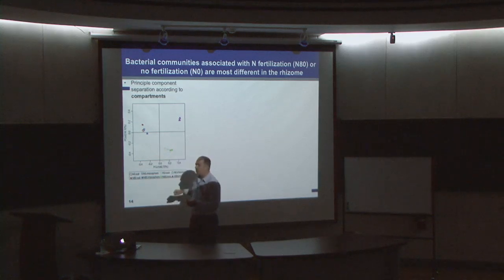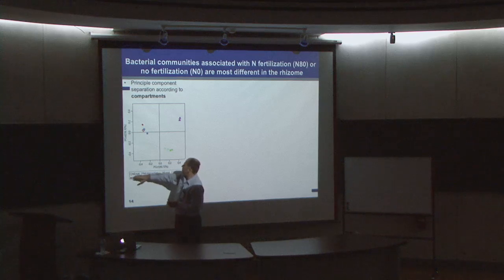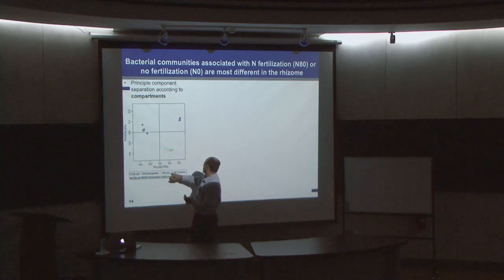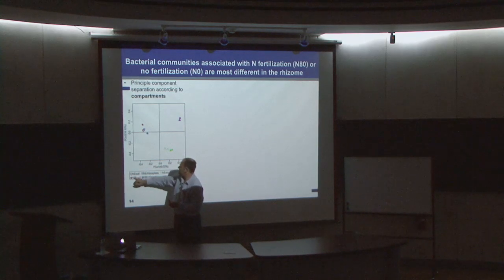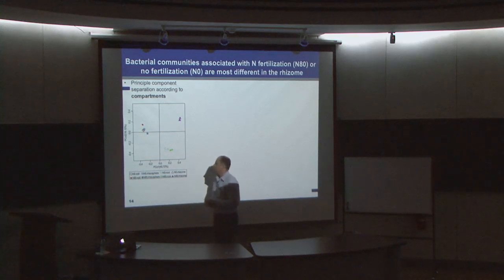And when you do so, you see that by analyzing all the sequences that you get and doing some principal component analysis, you see that for the nitrogen 0 level, you get some data. For soil, rhizosphere, root, rhizome, and for nitrogen 80 kilograms per hectare, you get soil, rhizosphere, root, and rhizome data.